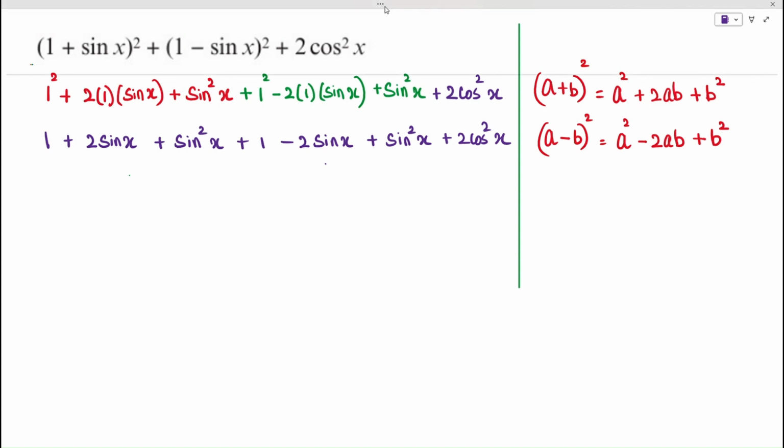Now we can cancel out our plus 2 sine x and our minus 2 sine x, and we can add all our other values together. So we get 2, which is our 1 plus 1, plus 2 sine squared x plus 2 cos squared x.